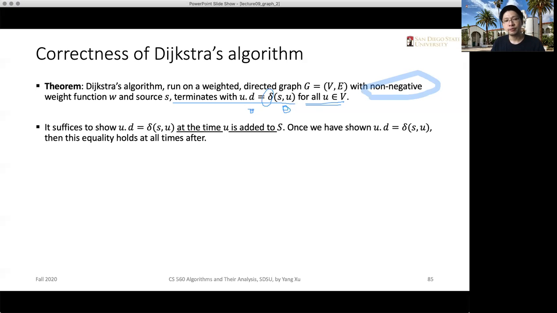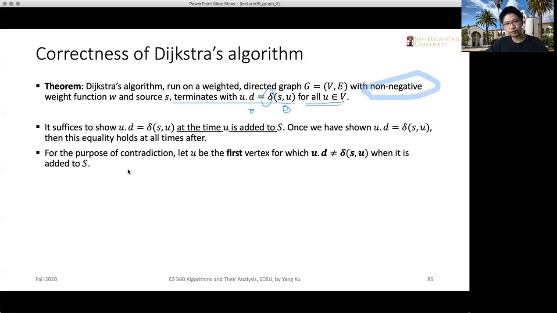So, keeping that in mind, we want to show that whenever we extract a vertex from the minimal priority queue and we add it to S, at that time the d of u is already the theoretical minimal value. Okay. So in order to prove it, we will use the strategy of creating a contradiction, right?